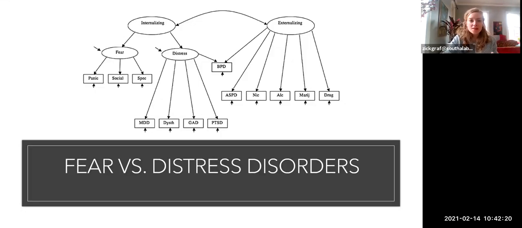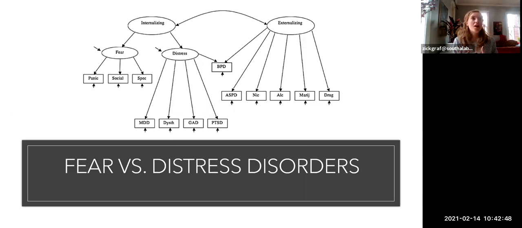Okay, so this is an example of a latent variable model where symptoms of a range of DSM-5 disorders, including panic disorder, social anxiety disorder, specific phobia, major depressive disorder, generalized anxiety disorder, and PTSD, are all regressed onto underlying latent factors. And this statistical technique, without getting into the details, kind of allows us to see how disorders cluster together.